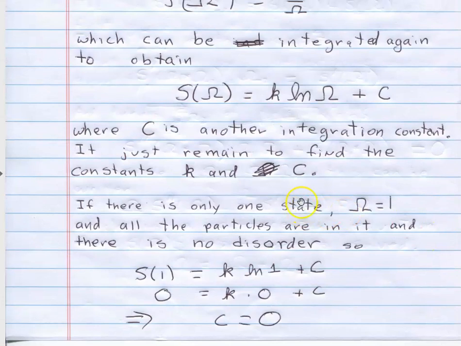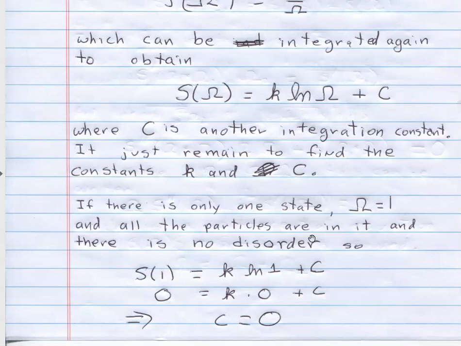And we can apply essentially a boundary condition. If there's only one state that it's possible for all the particles to be in, then omega is equal to 1. And that's a highly ordered state. In fact, it's perfect order, and so there's no disorder in that system. Every particle is in the same state.